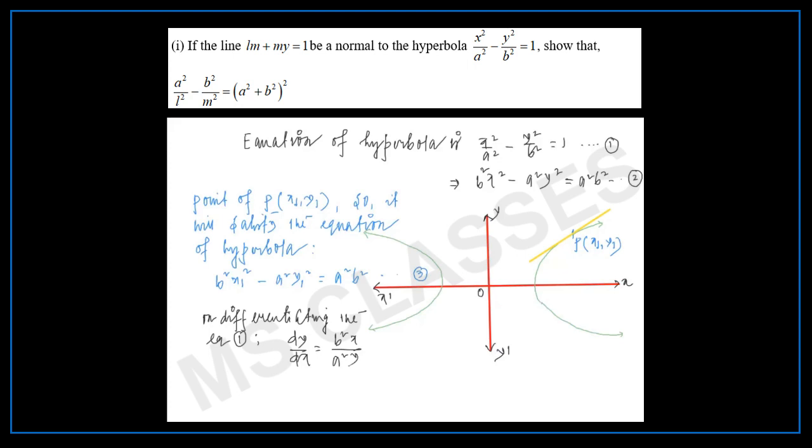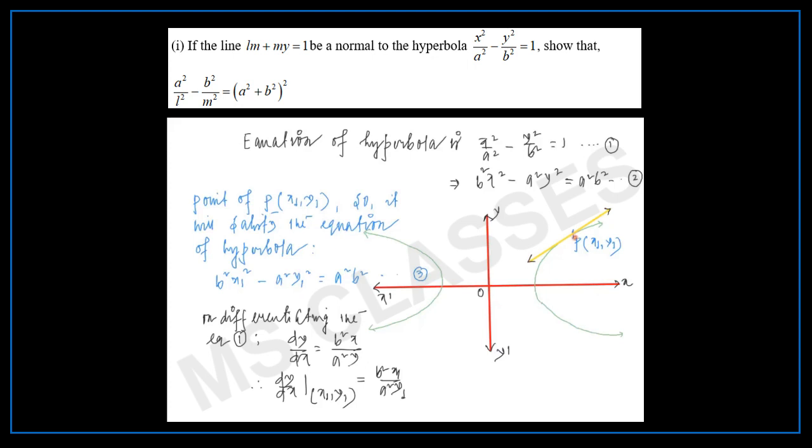Now, the slope at the point of contact x1, y1 will be b square x1 by a square y1. So this is what we get as the slope of the tangent at this point of contact. Now our intention is to get the slope of the normal.